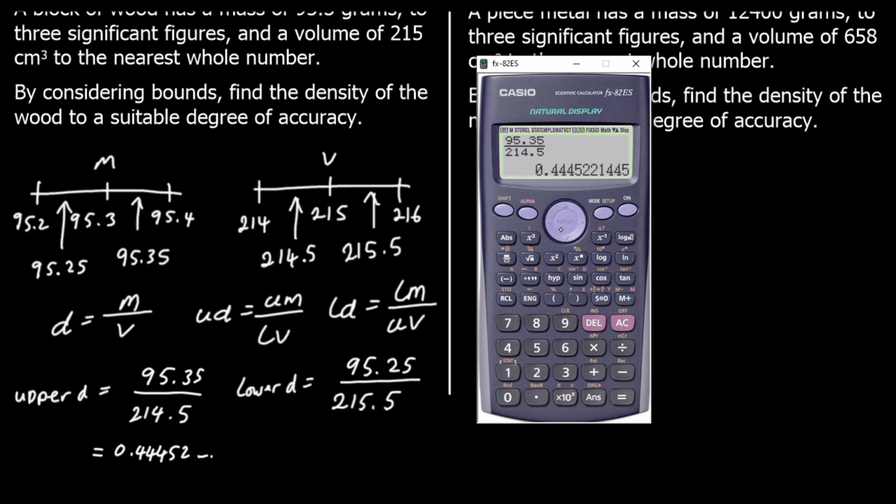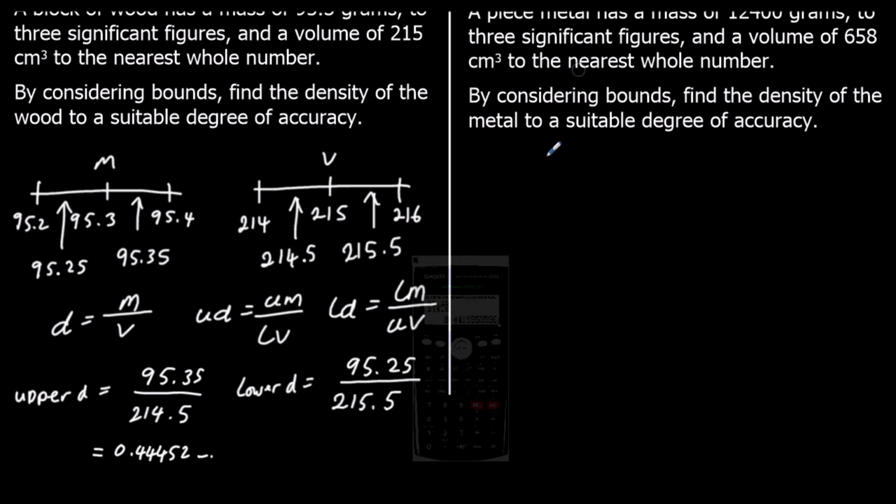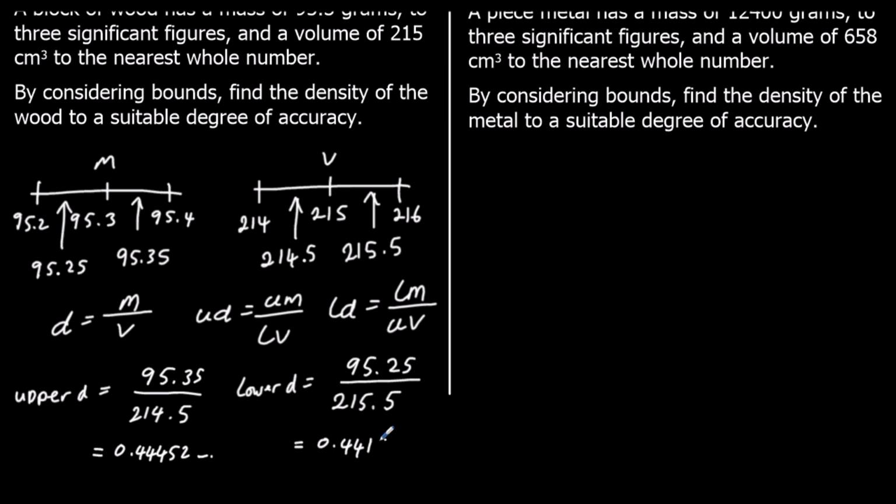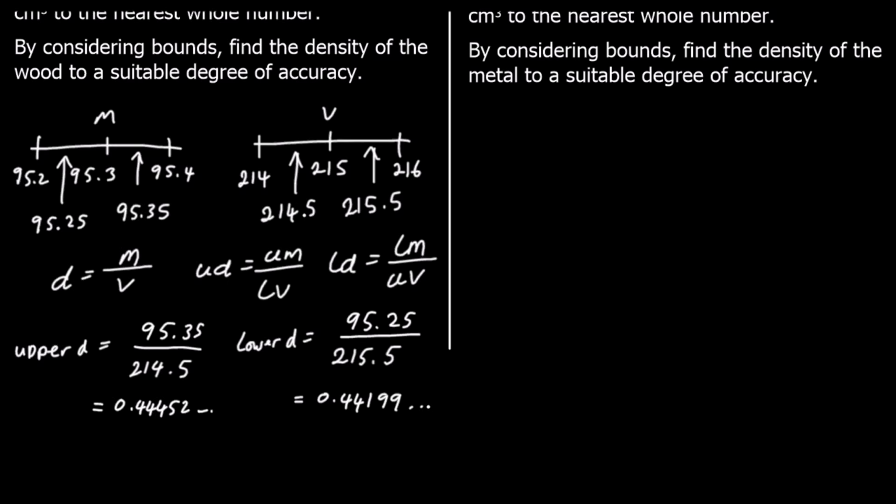And the lower bound, if I just go into the calculator and change these numbers, so I've got 95.25 over 215.5, and that's 0.44199, and so on.